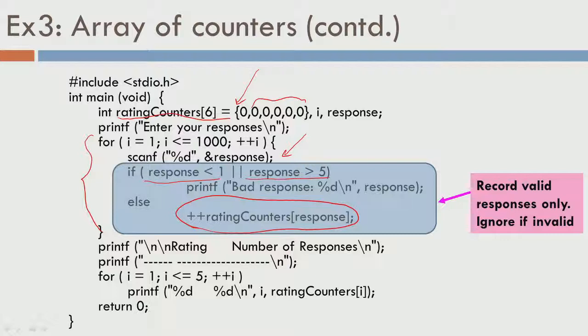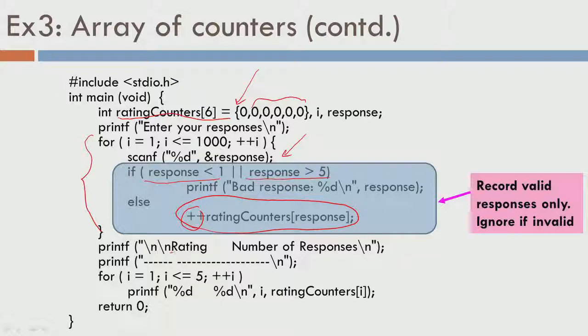Again, if you want to break it down, you can think of it as plus plus on a variable, and the variable you are incrementing is the one for which you got the response. So, if the first user gave 1 as the response, rating_counters[1] is going to get incremented. If the 500th user gave a rating of 5, i would be 500 and rating_counters[5] will be incremented by 1.